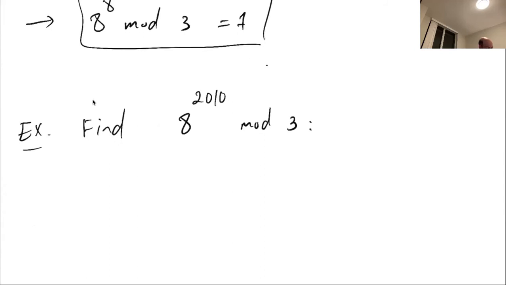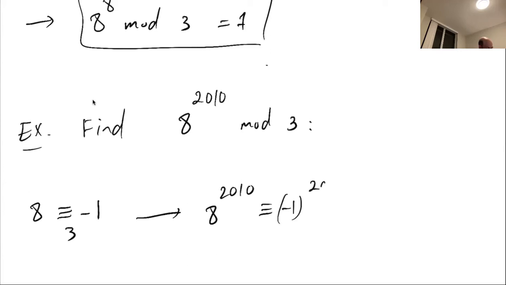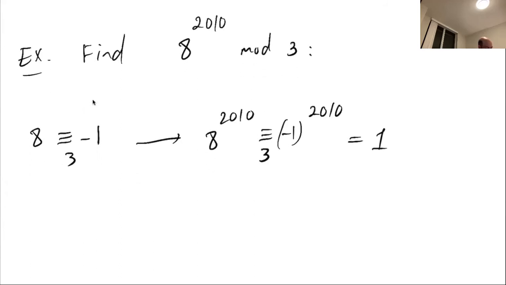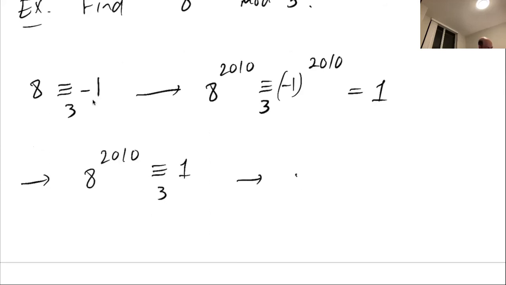Again, you can do a similar computation. 8 is congruent to -1 mod 3, raised to power 2010. And again, -1 to power 2010 is 1. So that means 8 to power 2010 is congruent to 1 mod 3, which means 8 to power 2010 mod 3 equals 1.